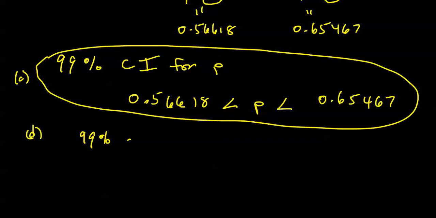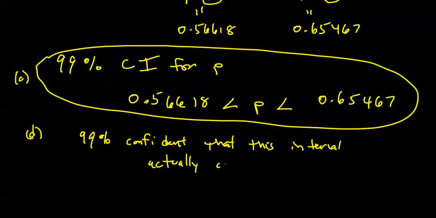We can be 99% confident that this interval actually contains P. And remember, your answer depends on your sample data. So your answer might change depending upon the sample data that you collect. Okay, so remember that.